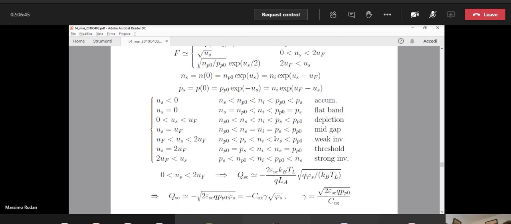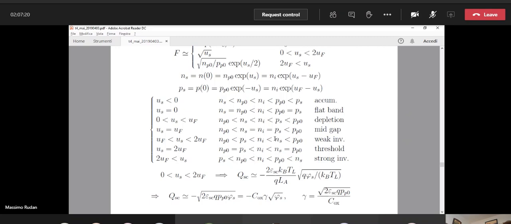The electrons that are the minority carriers, because we are in a p-doped semiconductor, have a surface concentration that is larger than that of the holes that are the majority carriers. So this condition is called the weak inversion of the surface. The electrons that are the minority carriers are more than the holes at the surface.